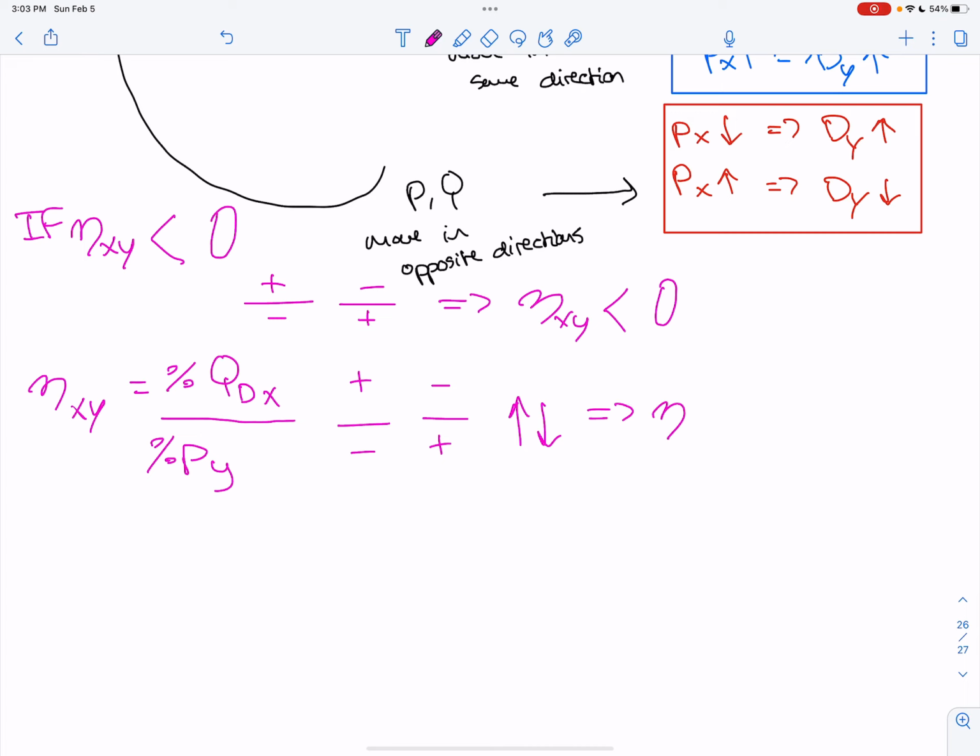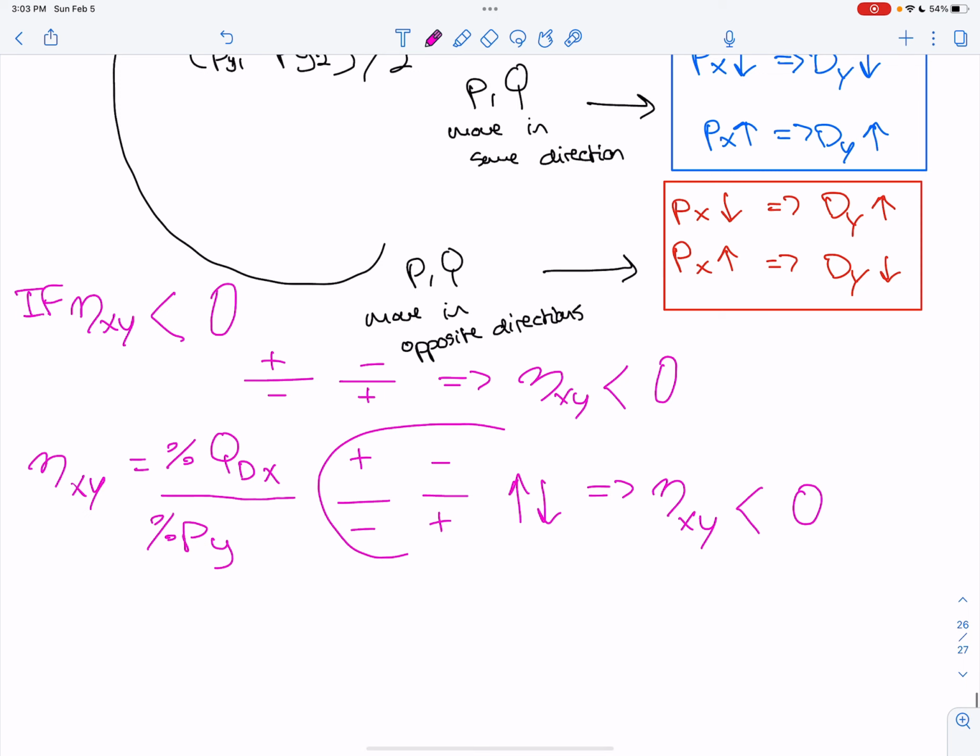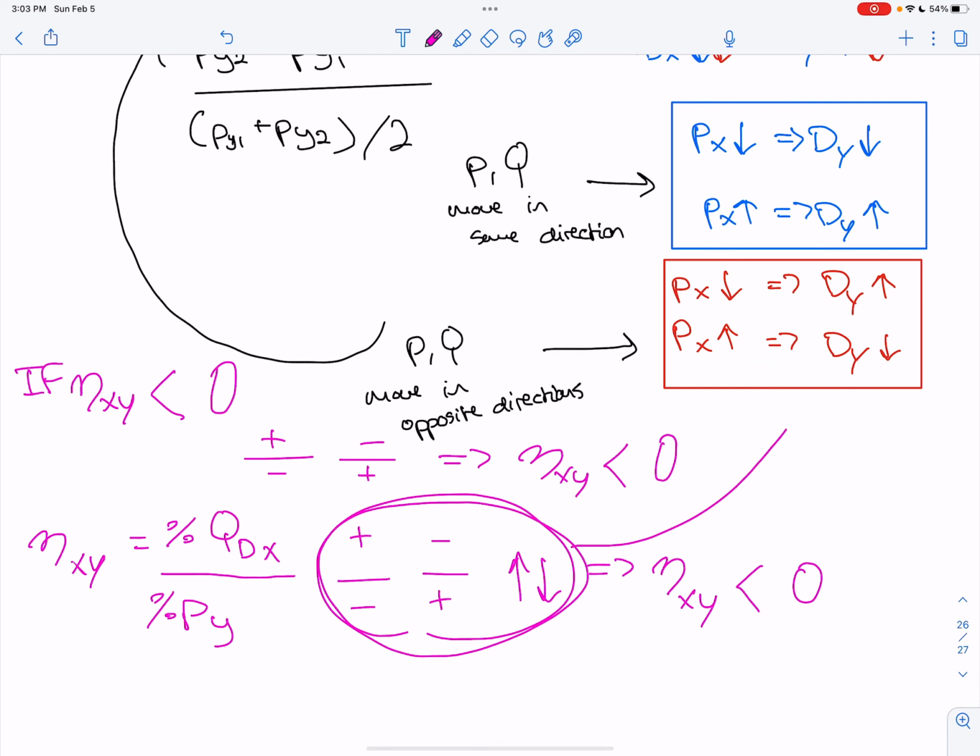Then, of course, our cross elasticity is going to be negative. But this situation here just corresponds to the situation of complements, right?